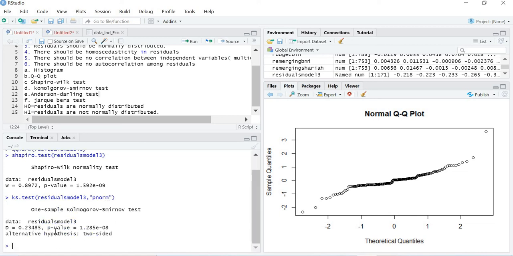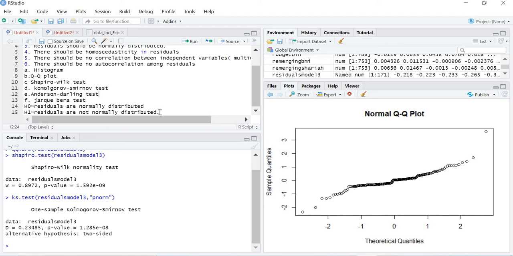Now this output is saying the p-value is again a very small value, near about 0. So it's less than the 5% level of significance. Again my null hypothesis is not accepted. So I can say that my residuals are not normally distributed.